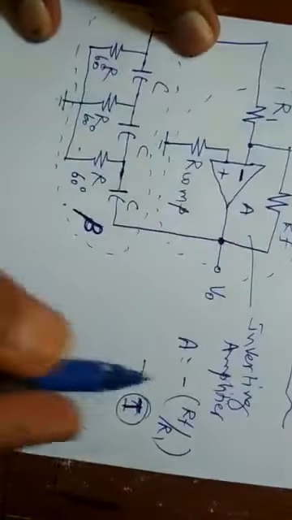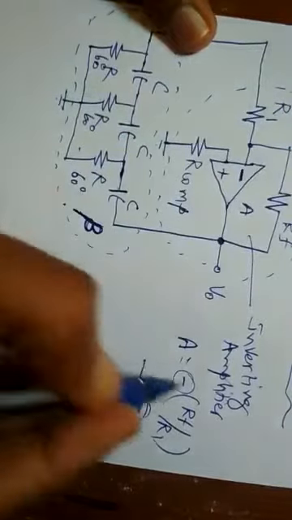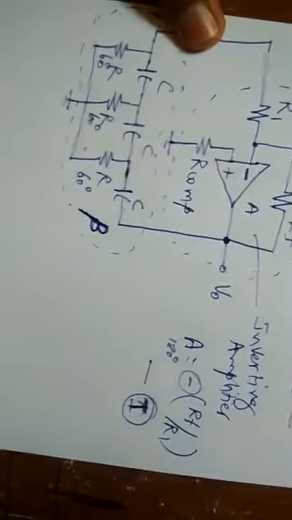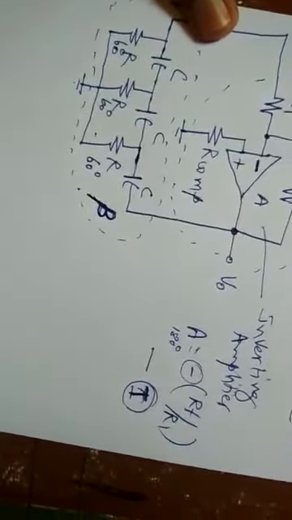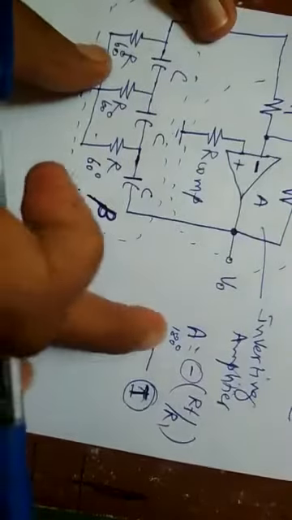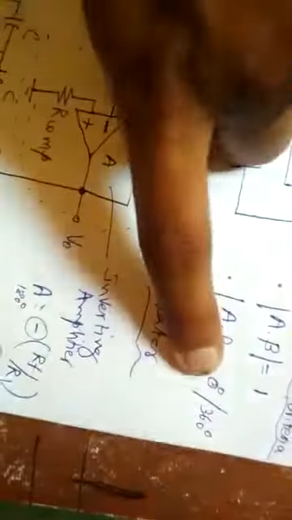And if you consider equation 1, in its expression you have a minus, so this also has a 180 degree phase shift. So in the feedback path you have 180 degrees, and in the forward path you have 180 degrees. Both phase shifts cancel each other, so the phase shift is 0 degree.